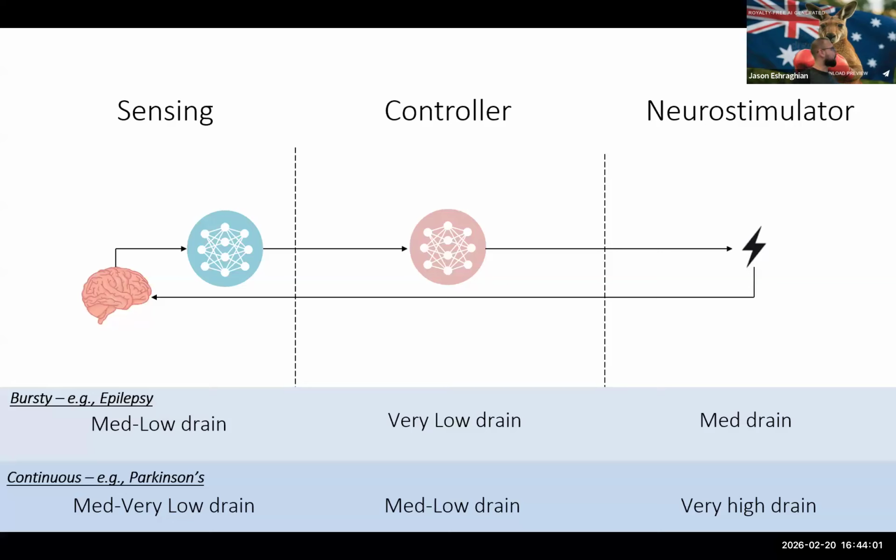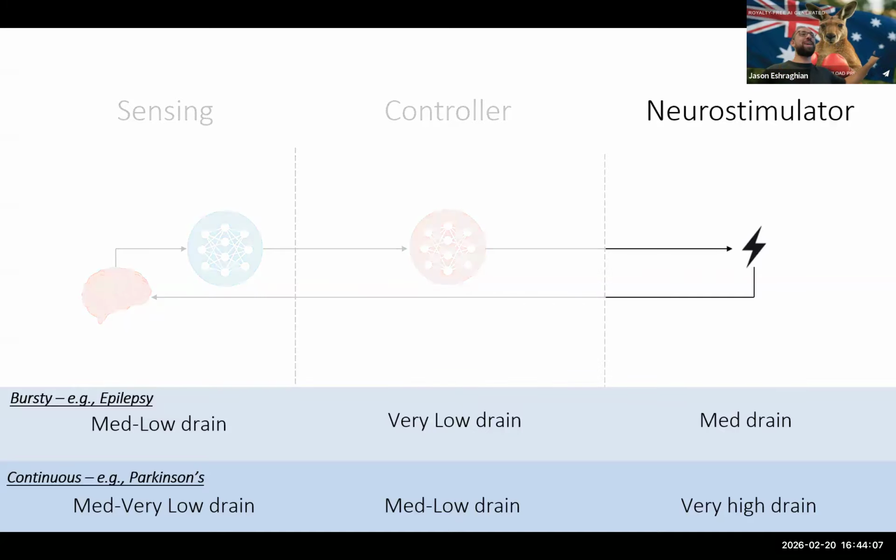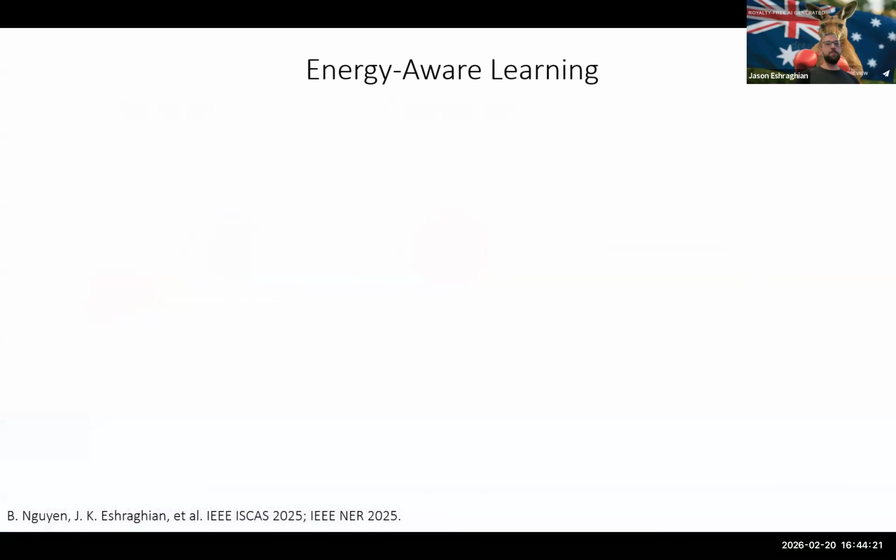The point that I want to make here is that the portions of this diagram that rely on an SNN tend to be on the very low to medium drain, right? It's the neurostimulator that is costing considerably higher. This doesn't generalize to every single case, but it does generalize to many cases. So I want to make that clear.